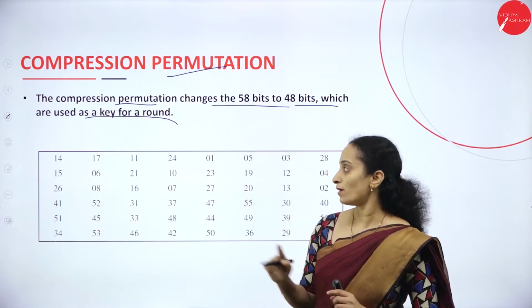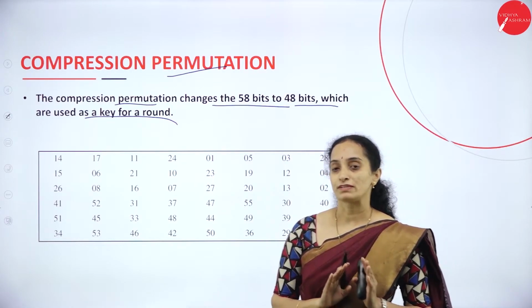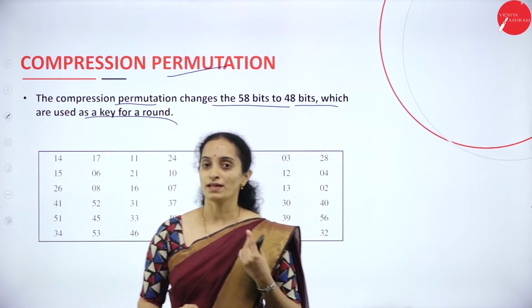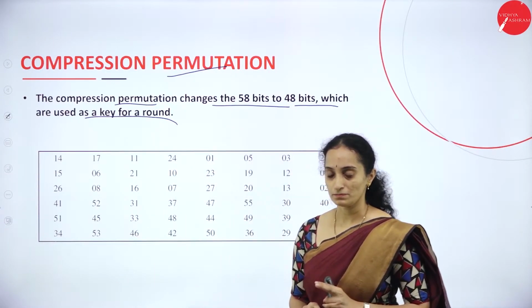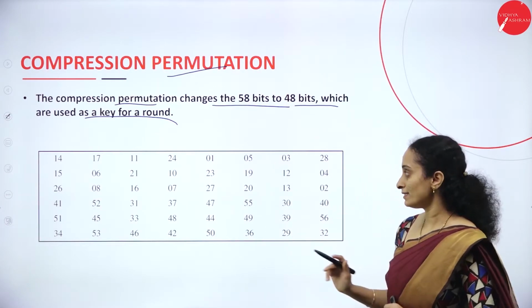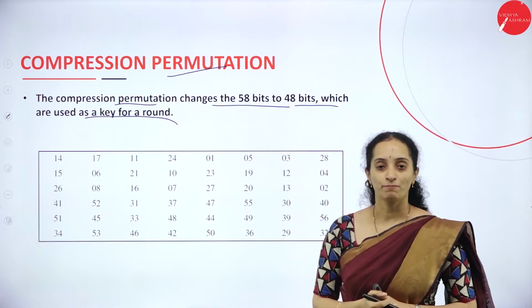For one round, we make use of 48 bits, from 56 to 48. Again, 8 bits will be dropped, and the remaining 48 bits will be permutated.